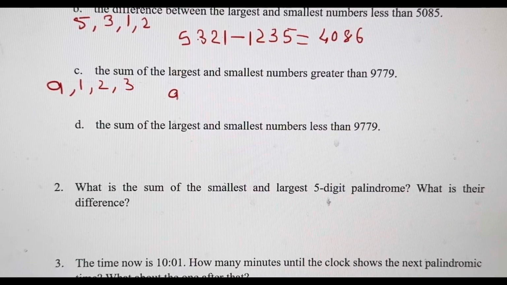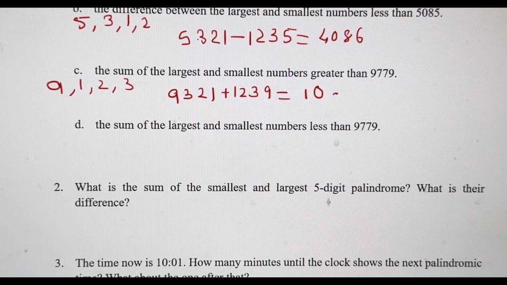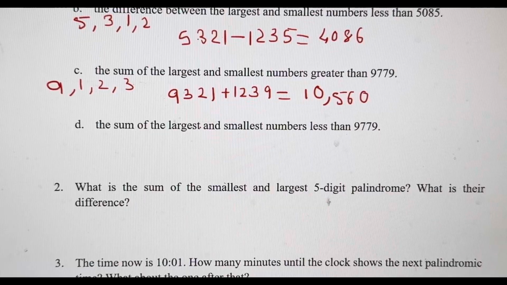The largest number is 9321 plus 1239. You can see that if you take round figures, 9000 plus 1000 will be 10,000, so naturally it will be more than 9779. If you choose 9 as the greatest digit, you will surely get an answer greater than 9779. So the answer is 10,560, which is greater than 9779.